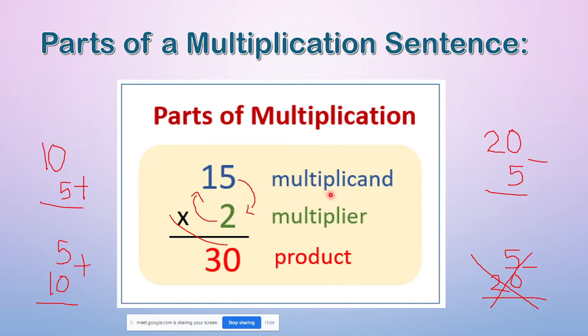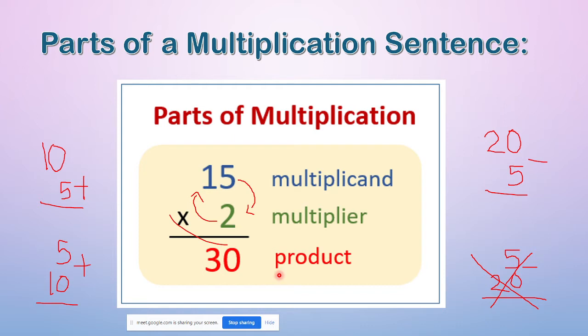Again, what are the different parts of multiplication? The first number is called the multiplicand. The next number in the multiplication sentence is what you call the multiplier. And the last number is the answer.